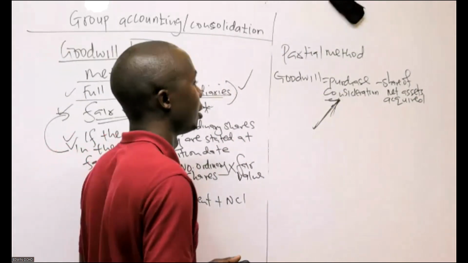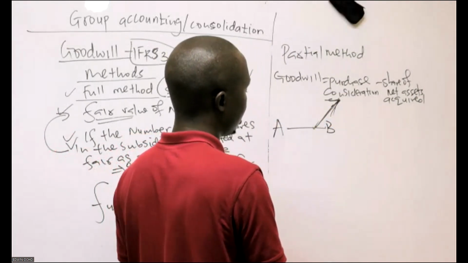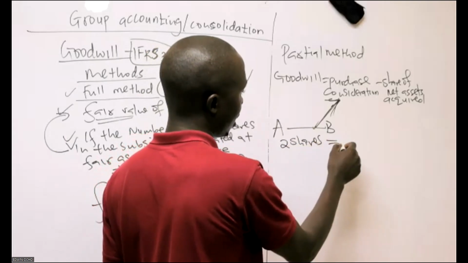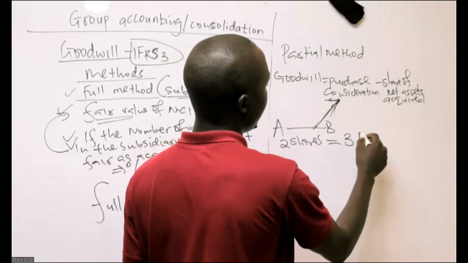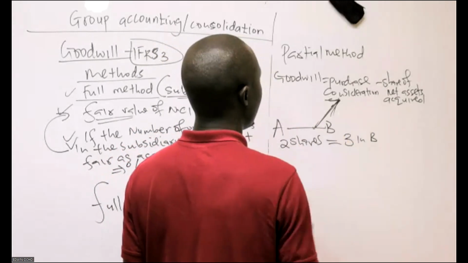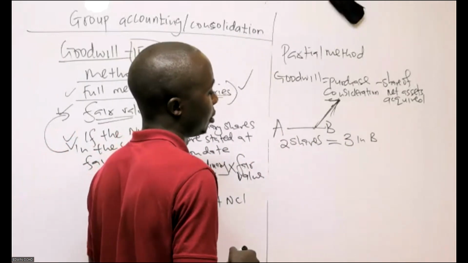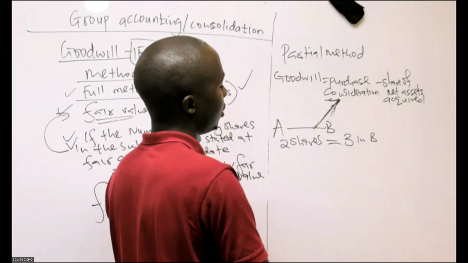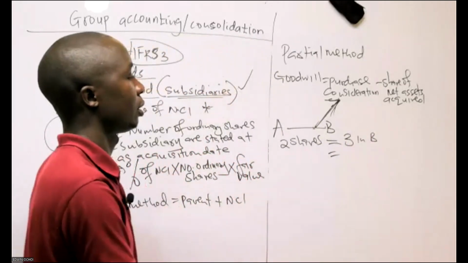They can say that when, let's say, A was acquiring B, they did a share exchange. That is, for every 2 shares of A, they were getting 3 in B. So once you know what you have, you will be able to determine your purchase consideration.